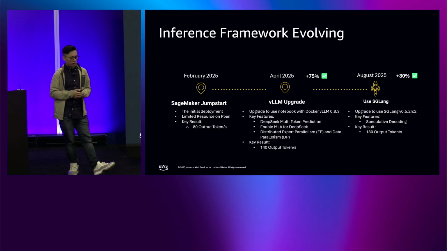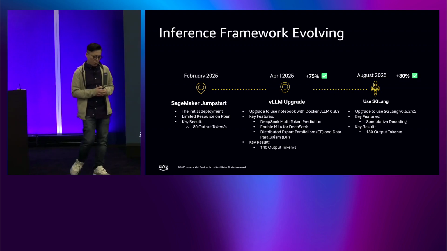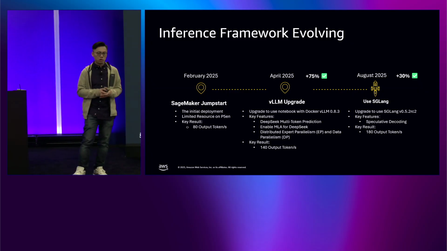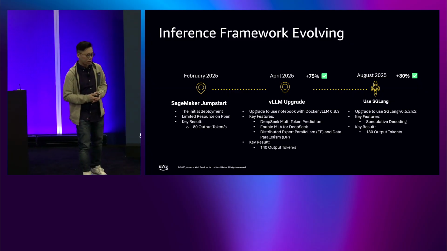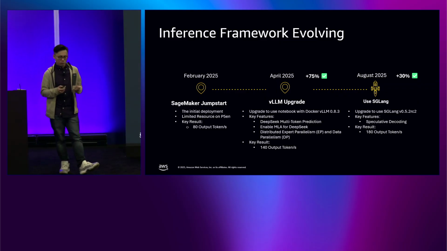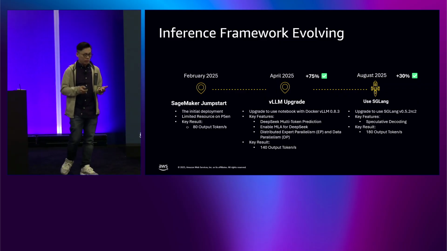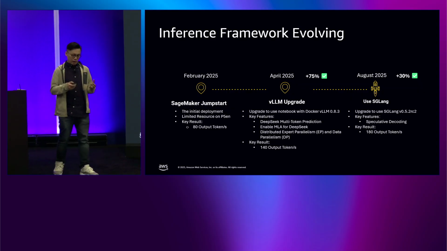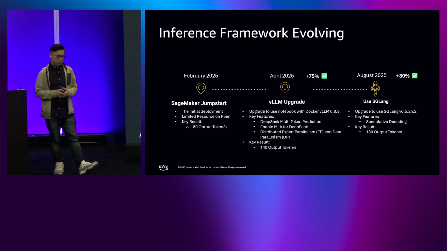Still not good enough. In August, we replaced vLLM with SGLang, and with the help of speculative decoding, we finally achieved 180 output tokens per second. So why does this matter? Imagine when you have tens of thousands of events per minute, every millisecond of inference latency will compound.